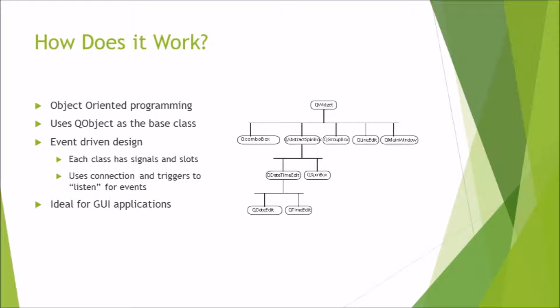These signals and slots help you manage different user events like that. And this is ideal for GUI applications because, again, you don't exactly know what the user is going to be pressing when, and so that's why it uses signals and slots like that.